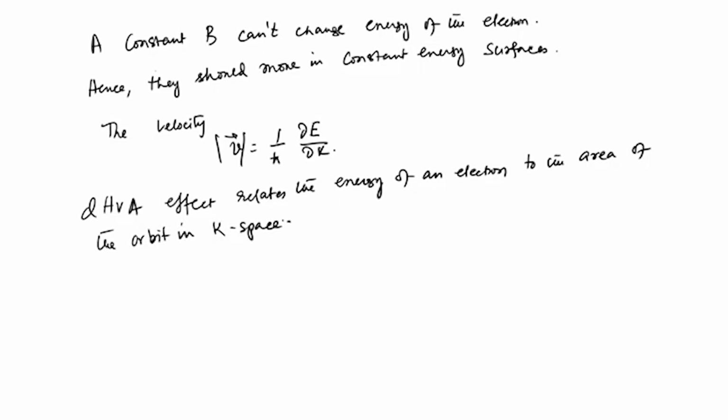Okay. So, basically in real space they also move in a circular orbit, and in k space also they move in a circular orbit, and consider two close-by orbits.